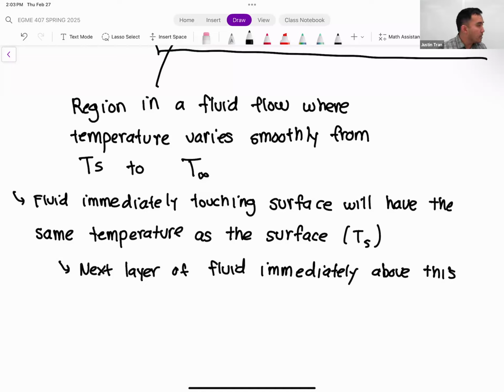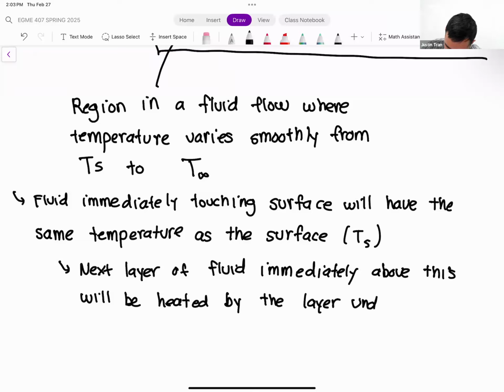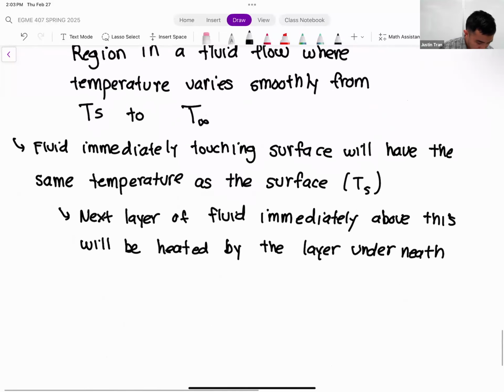So the next layer of fluid immediately above this layer is going to be heated by the layer that's underneath it. Okay. And the mechanism for heating is actually going to be conduction.